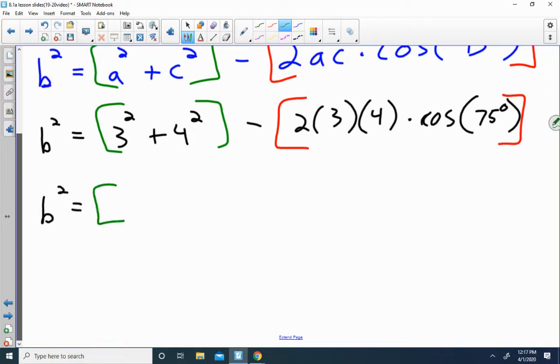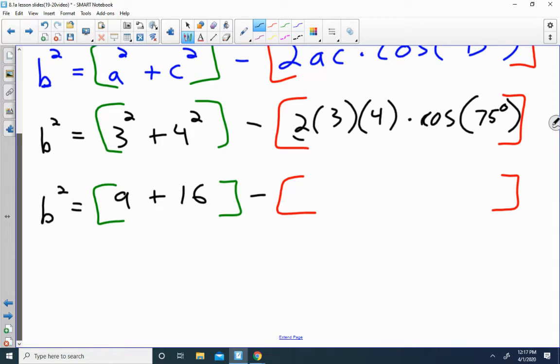Okay, just going to go ahead and put my brackets up while I'm at it. Okay, so I'm going to be using my calculator. You guys can use your calculator, and let's check. So first, we're going to have 3 squared, which is 9, and then 4 squared, which should give you 16, and then we're going to minus that by what's in red.